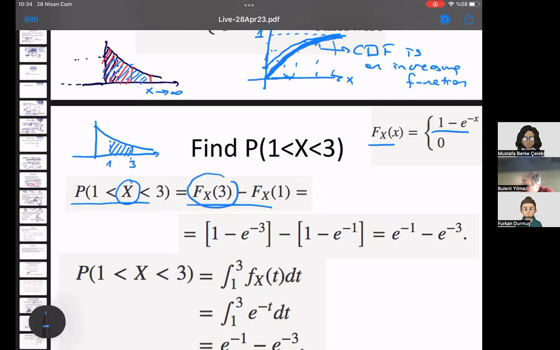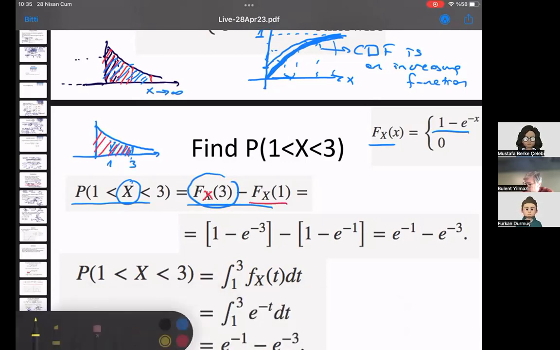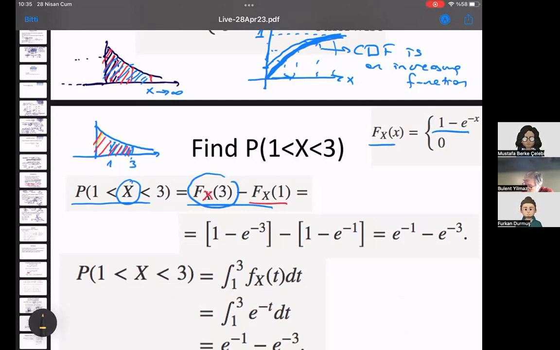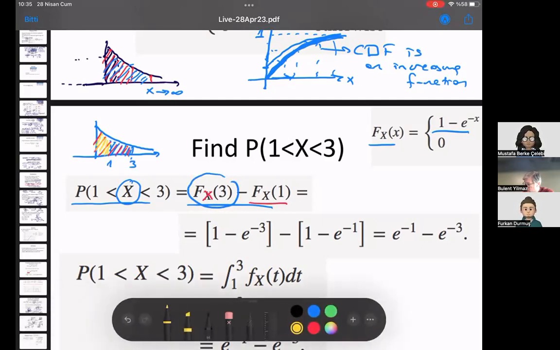The area, CDF of 3 means the area here minus CDF of 1, the area here. What is left? This part is left between 1 and 3.